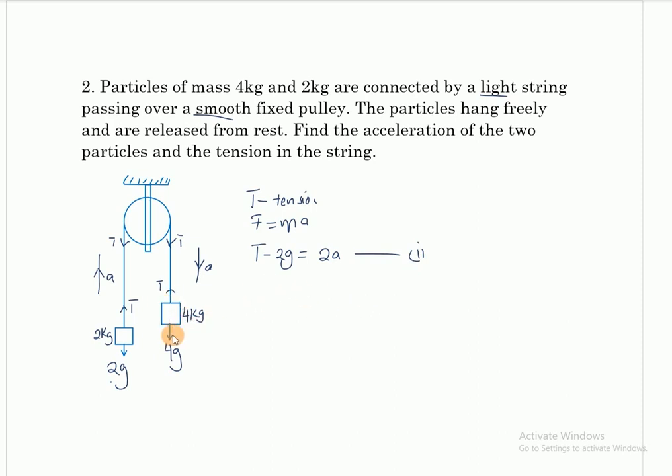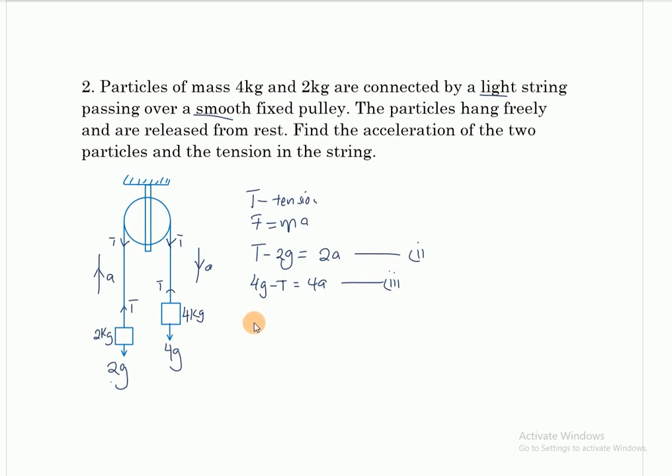Then consider motion of the 4 kilogram body. Since it is moving downwards, we have that 4g minus T is equal to 4a.